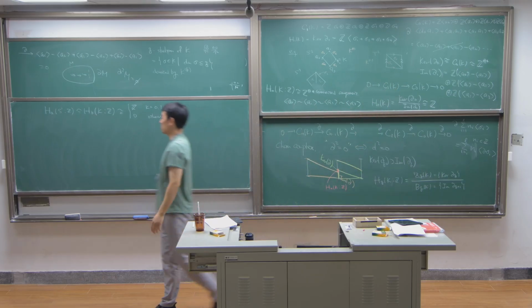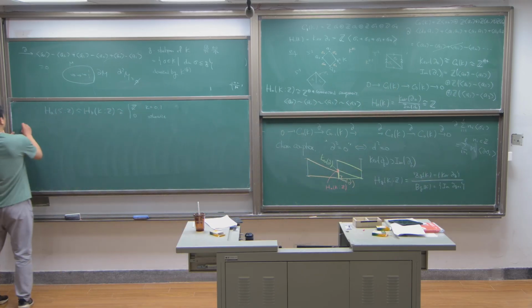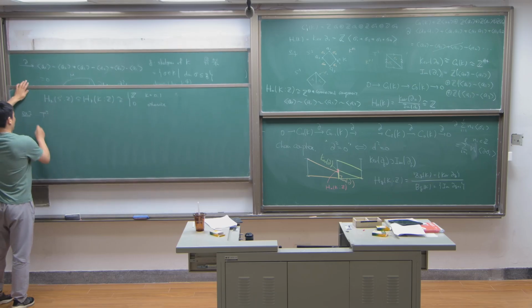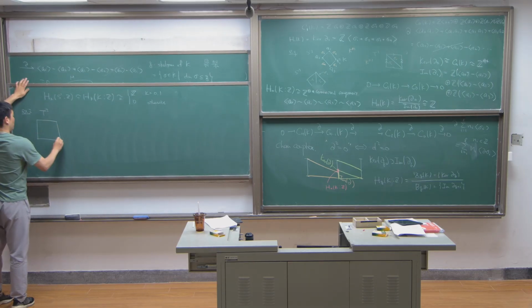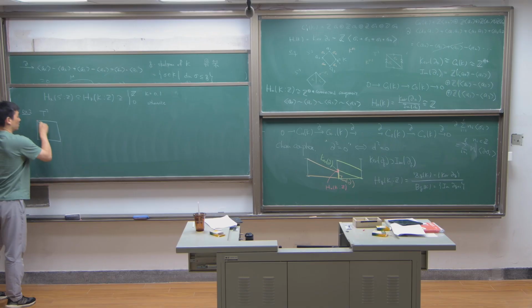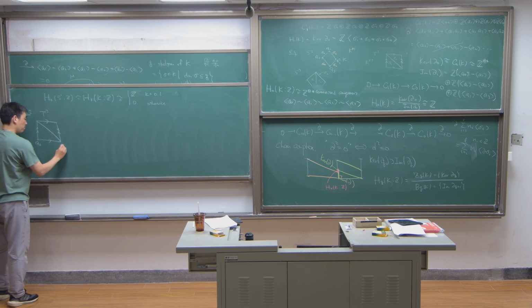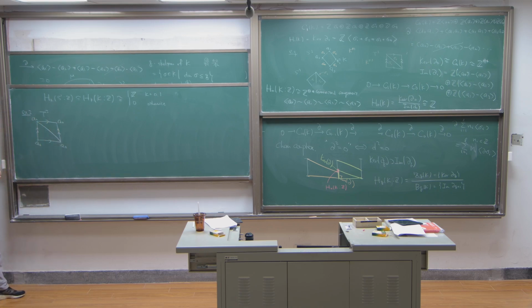Torus, two torus. Example 2. So you have only one vertex.